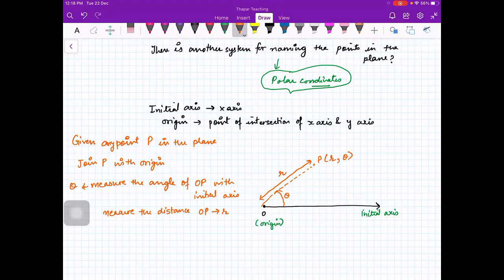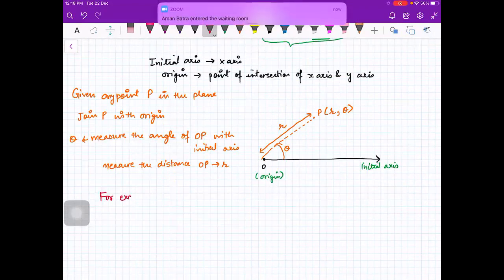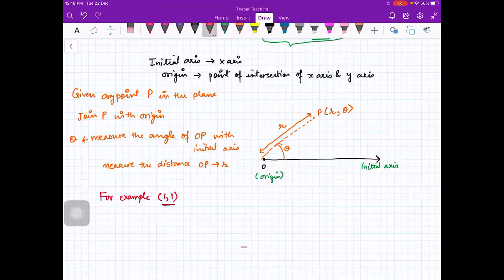Is that thing clear to everybody, how you are going to name any point in the plane? For example, if you have a point 1 comma 1, which is its Cartesian name, how am I going to name this point in the polar system? I have this initial axis here, this is my origin, and suppose the point 1 comma 1 is here. If I join this, I need to know what theta is and what r is. I can easily compute because this is 1 and this is 1.